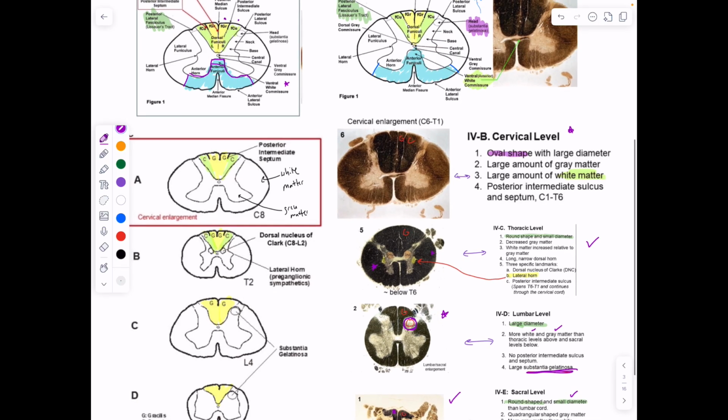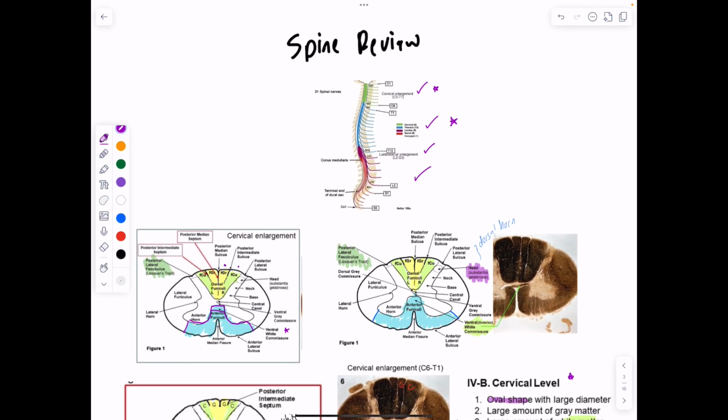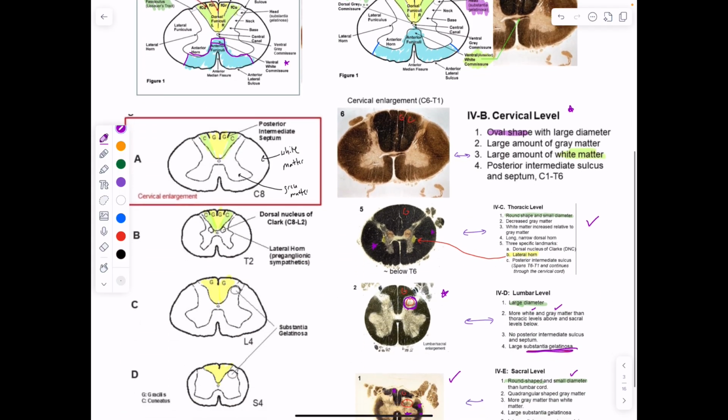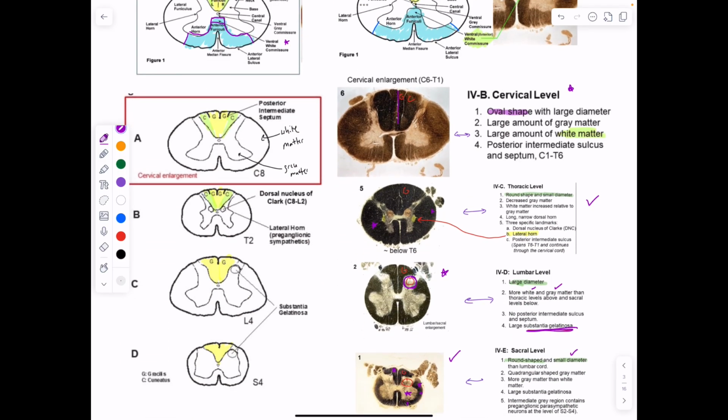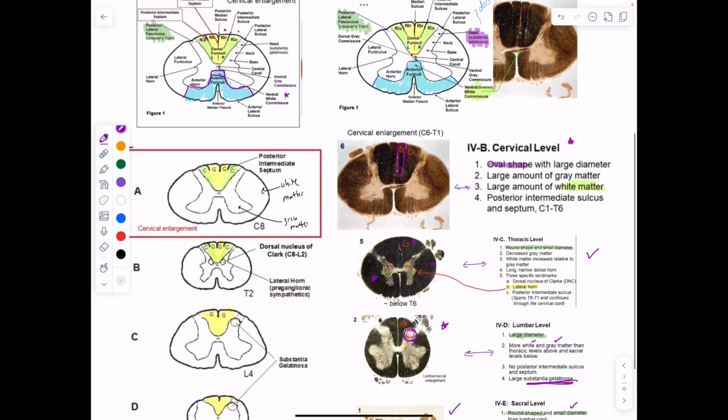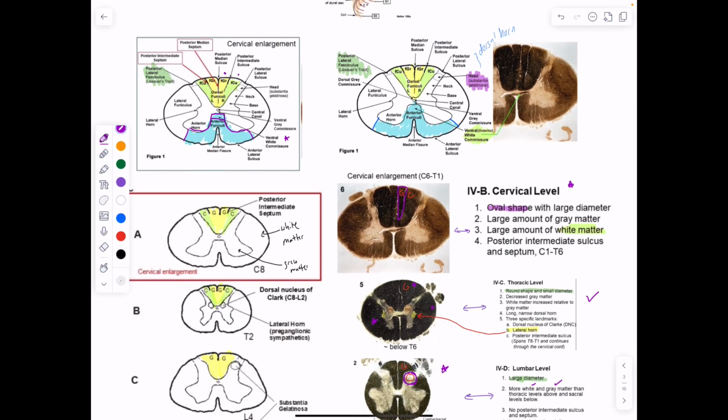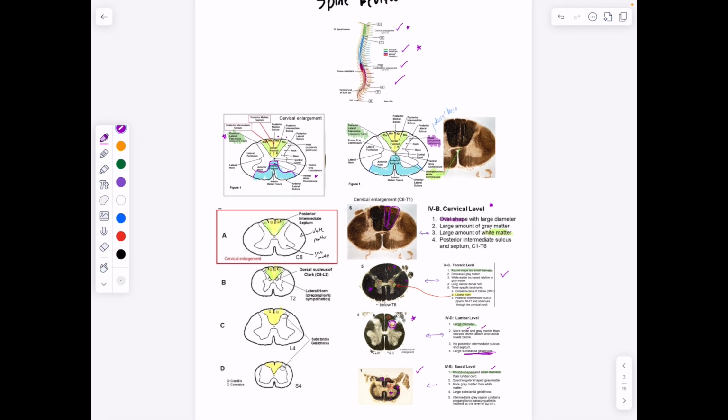Then you get to the cervical level, and notice how we're getting even bigger and bigger. We've had the fasciculus gracilis, but now we also have the fasciculus cuneatus, and we'll be talking about that as well.